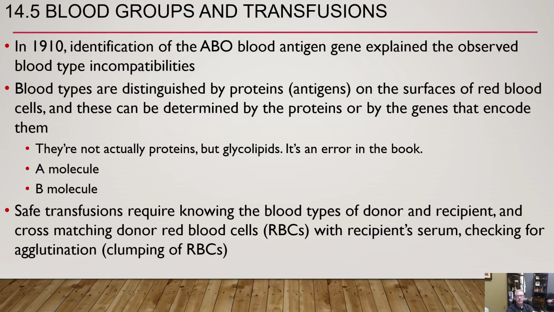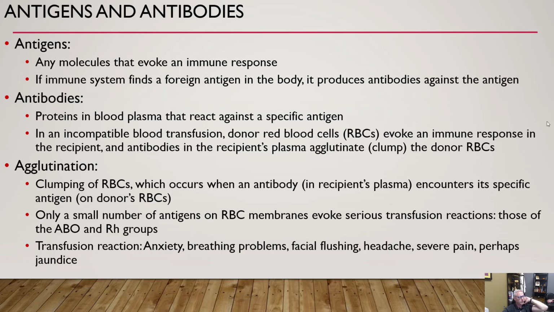And if you transfuse the wrong type of blood, what you'll get is this thing called agglutination, and it's basically a clumping of red blood cells, and that's called a transfusion reaction. So we're going to have to know what the blood type is of the donor, what the blood type is of the recipient, and that will determine whether or not it is safe to transfuse.